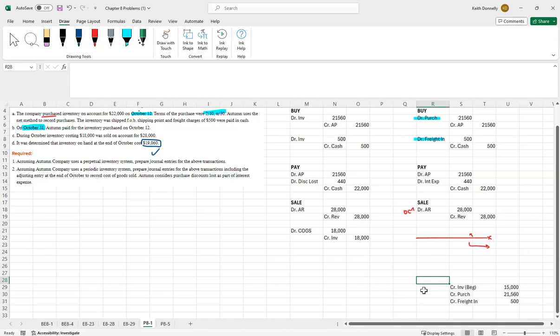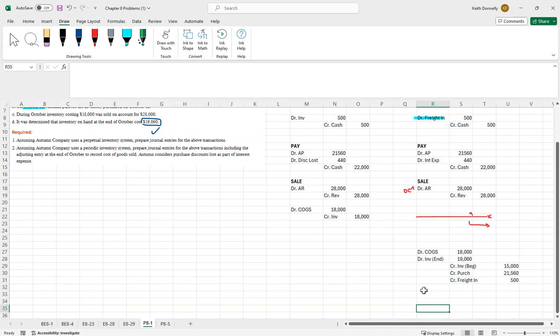And then they tell us, when they did the physical count at the end of the period, our ending inventory was 19,060. So then we can plug or back into our cost of goods sold. If you did the combo of these three, you've got to get the journal entry to balance the debits and the credits. Our cost of goods sold there is going to be $18,000.